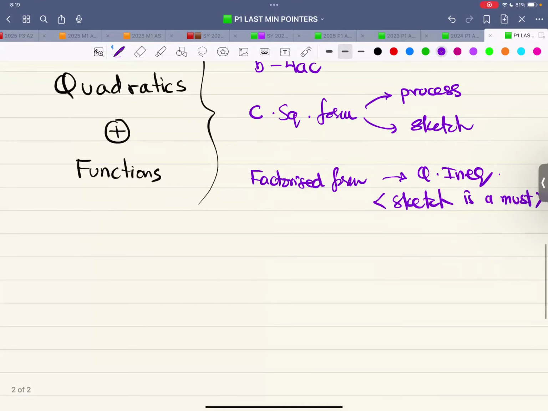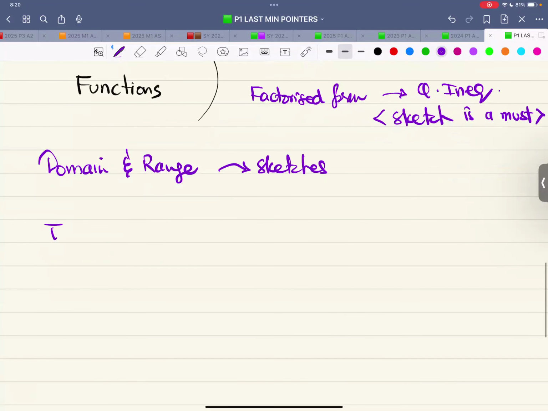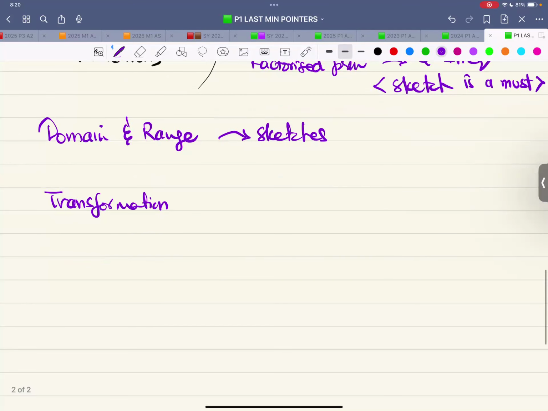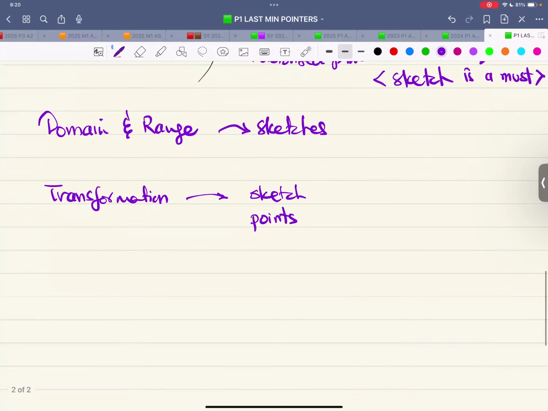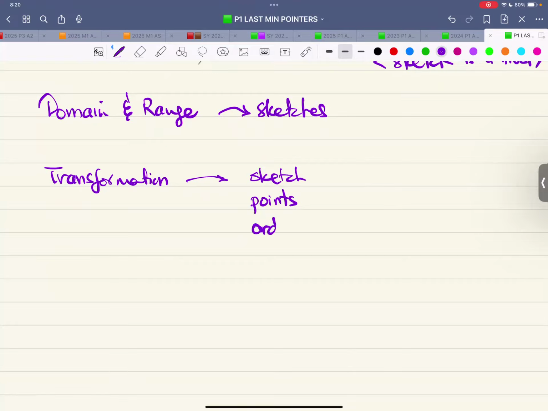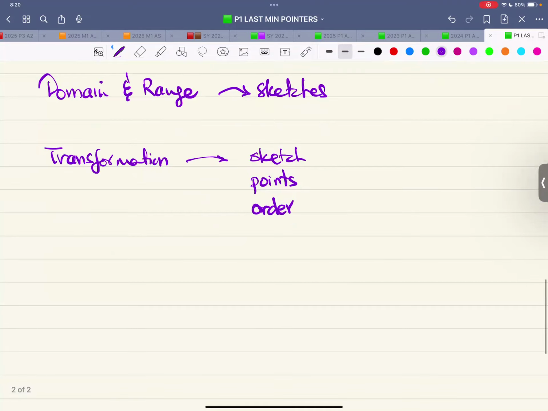That's one thing. What else is there? When we talk about functions, we talk about domain and range. And again, domain and range has to do with sketches. Then we can talk about transformation. Transformation take care of everything: the sketch, the pointers, the points, the order of transformation, and what else?